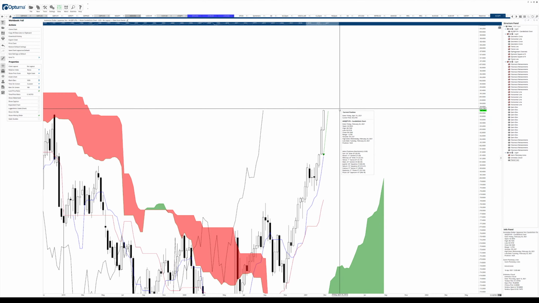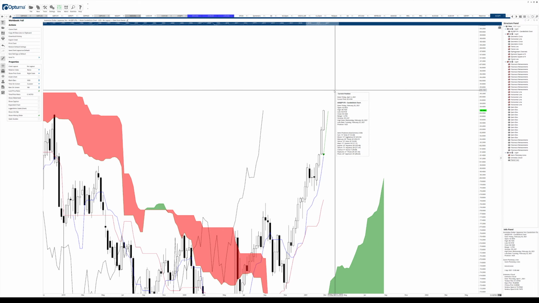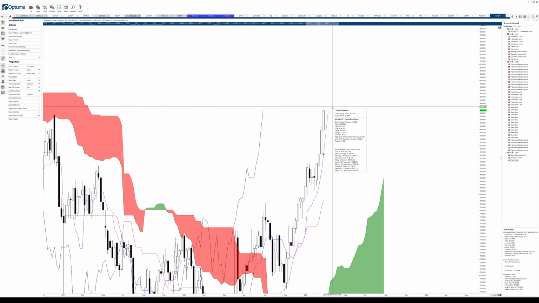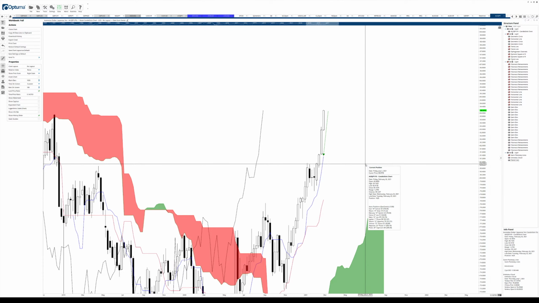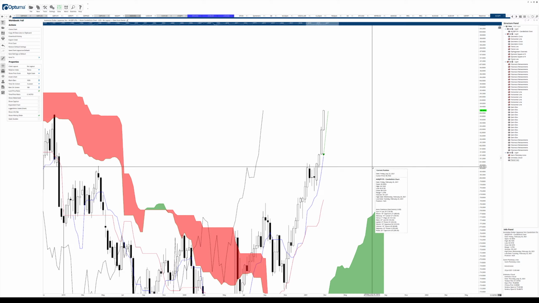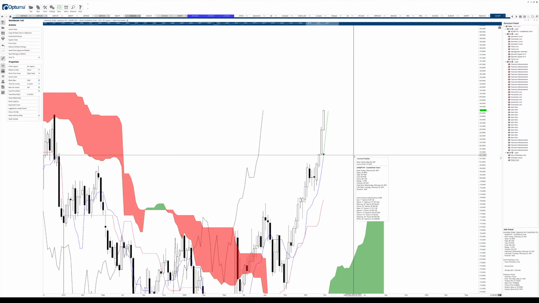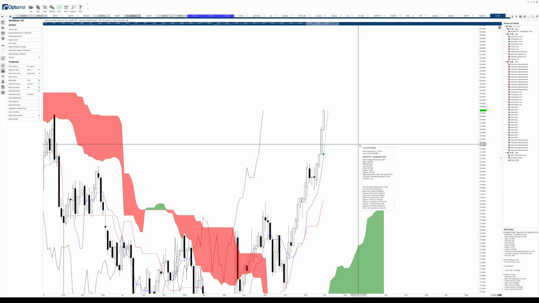So again, anywhere between 84.25 and 85.25, I think is what I said, is a great range to have some sell limit orders ready to go, because there's going to be a pretty big dump in a lot of these yen pairs in the coming weeks. So just be prepared for that.